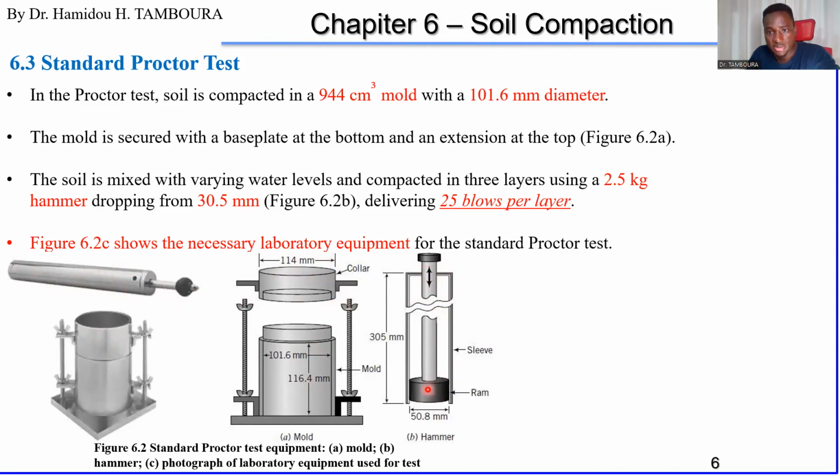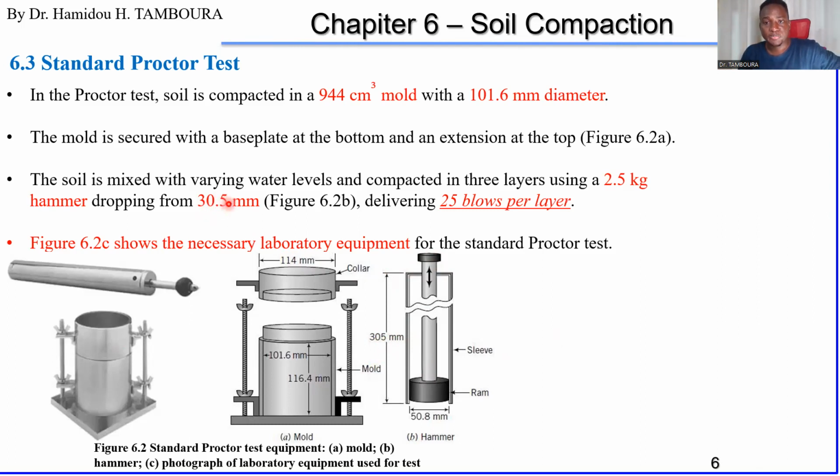The hammer is like this, and the weight of this hammer is 2.5 kilogram. Okay, and the height, see, from here to here, it's like you will pull this handle, pull, and you drop. So the height is about 305 millimeter. Here it's not 30.5.